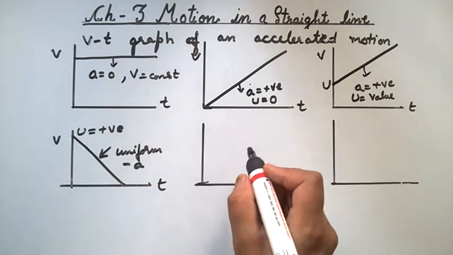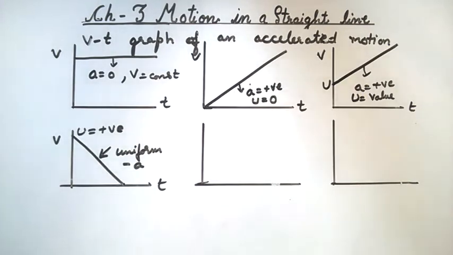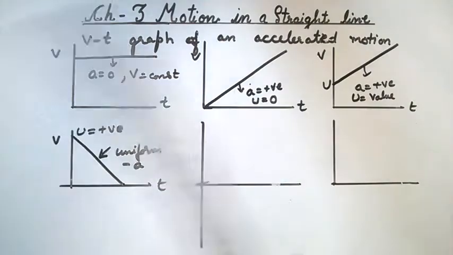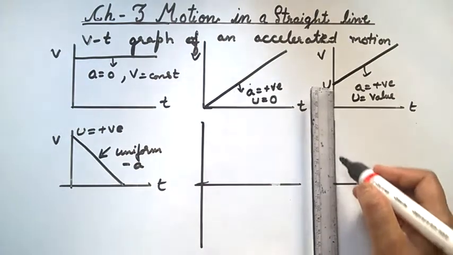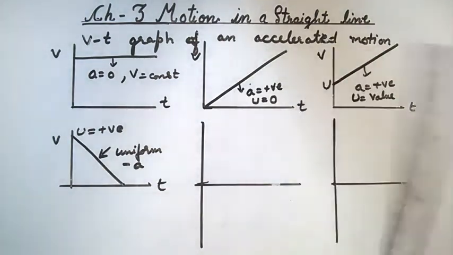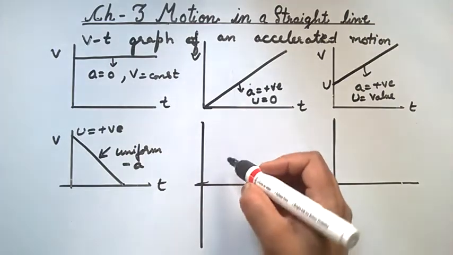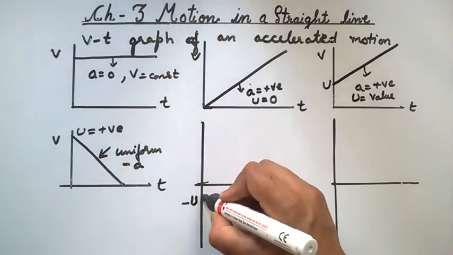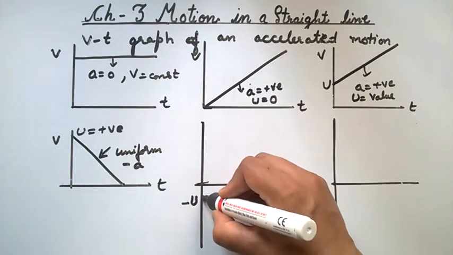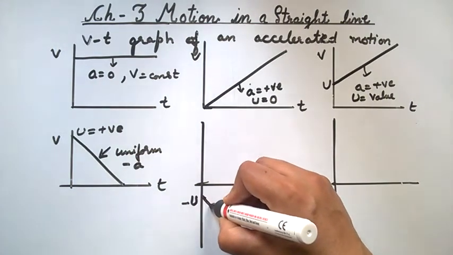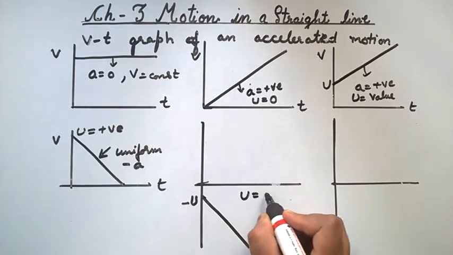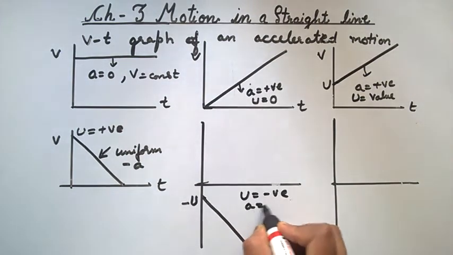If the body has negative initial velocity and the motion is retarded motion, then here u is negative and a is also negative.